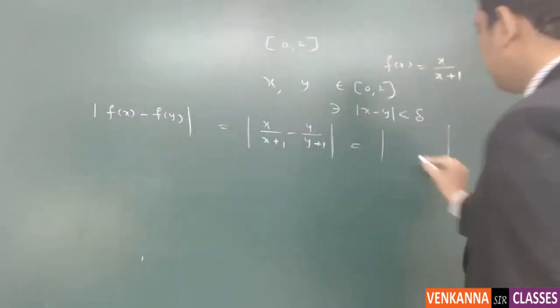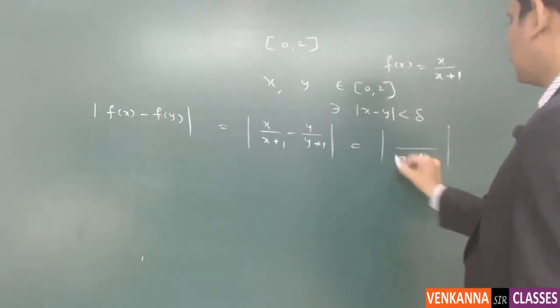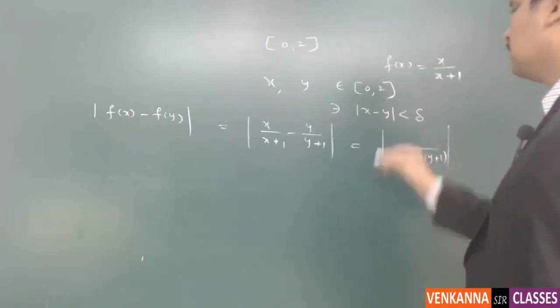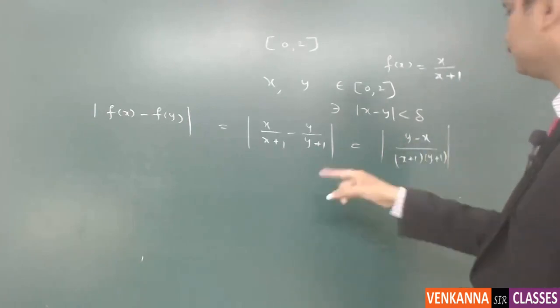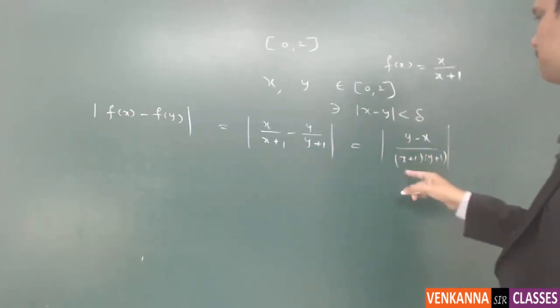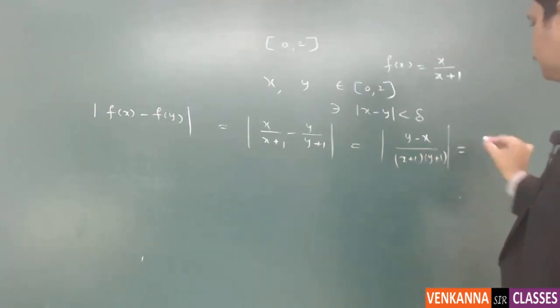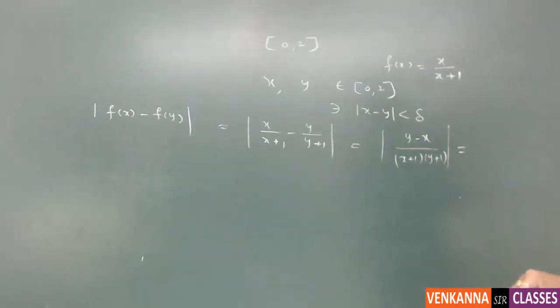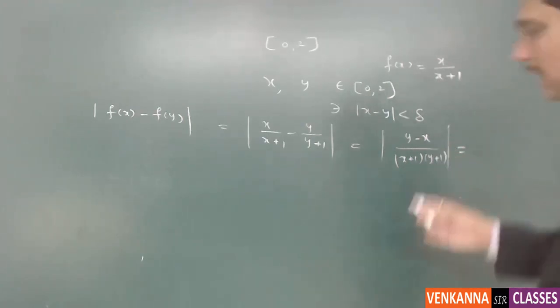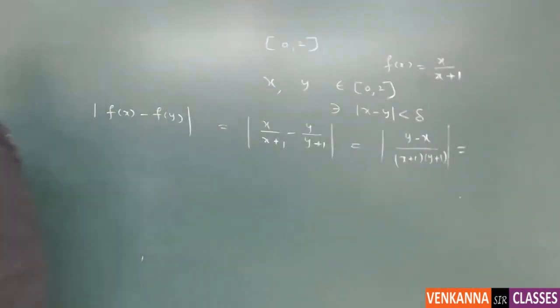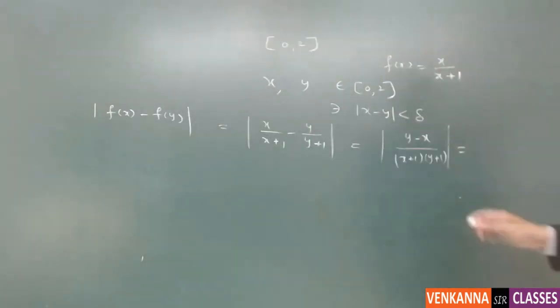If you take the LCM, (x+1)(y+1), and the numerator will be y - x. Am I correct here in getting the LCM? Please check the numerator. It is x - y, right? Since the modulus is there, you can treat it so.